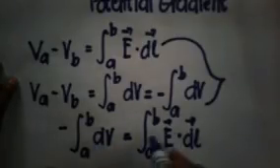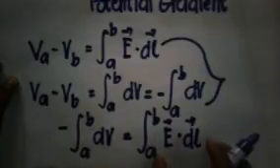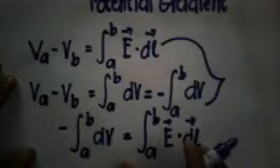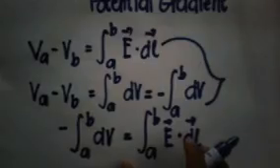So these two integrals must be equal for any pair of limits A and B. And for this to be true, the integrands must be equal. Thus, for any infinitesimal displacement dl, we have negative dV equal to our electric field dot dl.